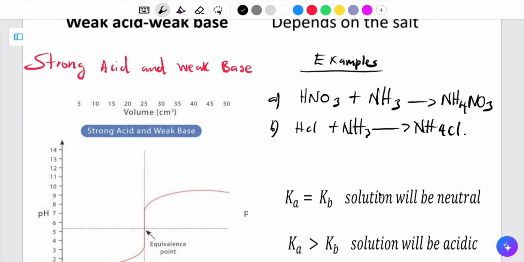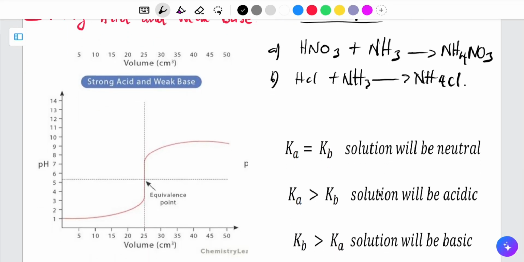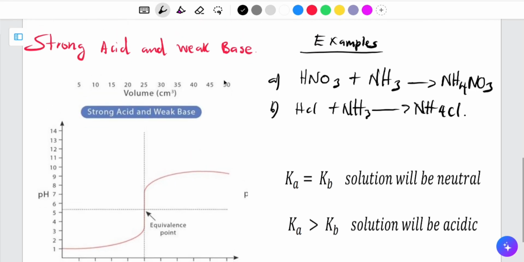So what should you know about this one here? So for example, we have hydrochloric acid plus ammonia to produce ammonium chloride. We also have nitric acid plus ammonia to produce ammonium nitrate. So according to the reaction, how is the graph going to look like?